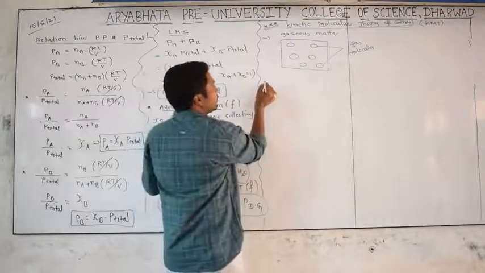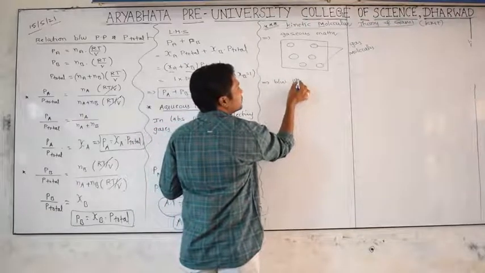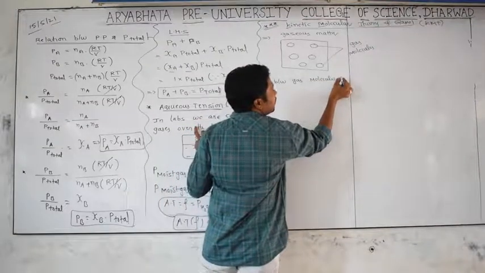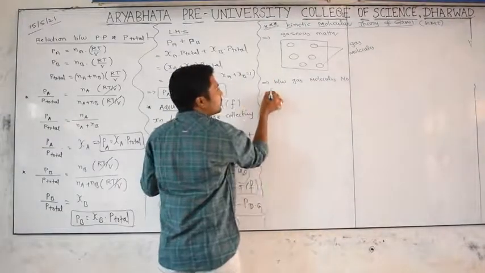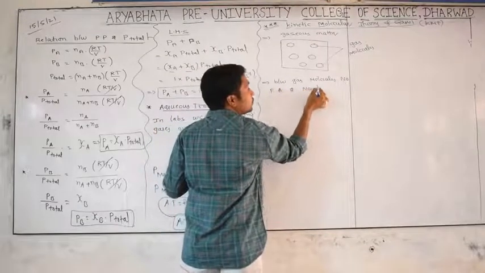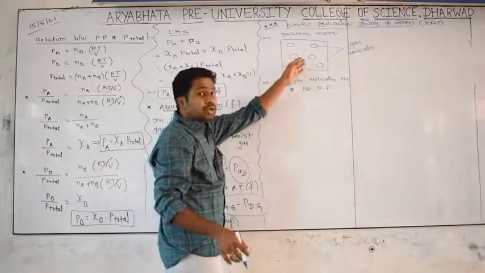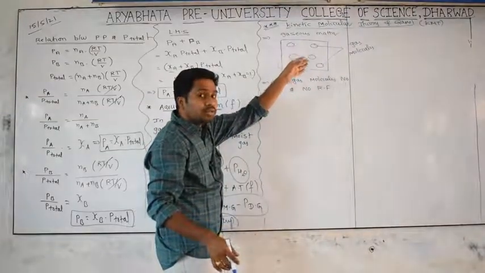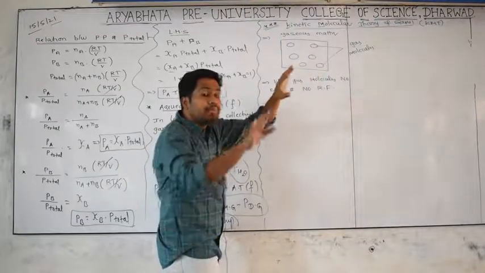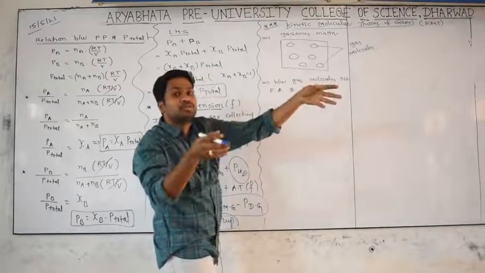Now the next point we have to discuss: between gas molecules there is no force of attraction, and no repulsive force either. Whatever gaseous matter you take, the many smallest particles in it are called molecules. But between the gas molecules there is no attractive force and no repulsive force.